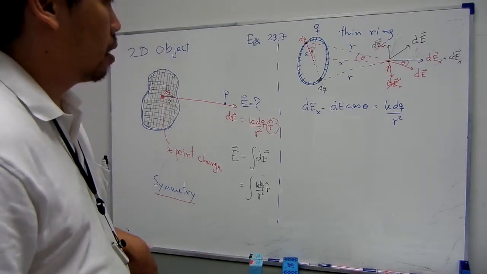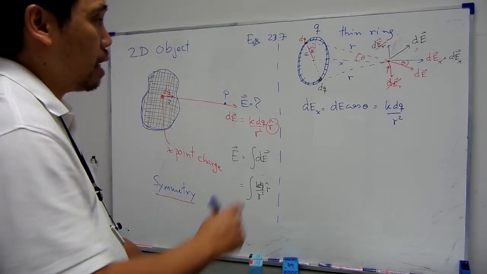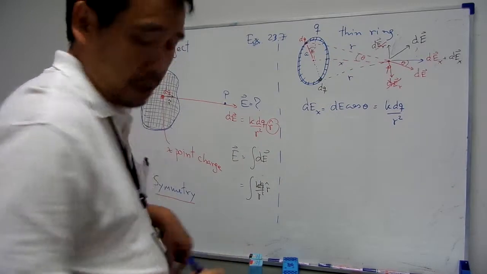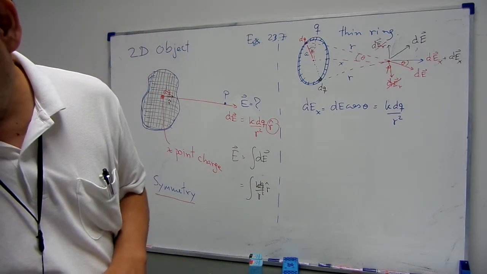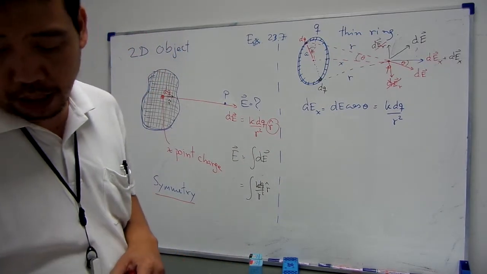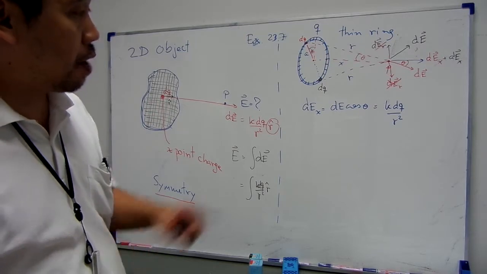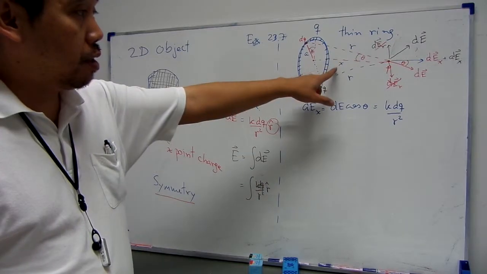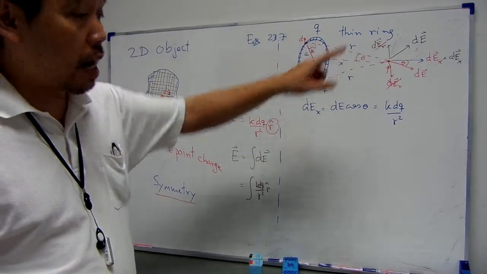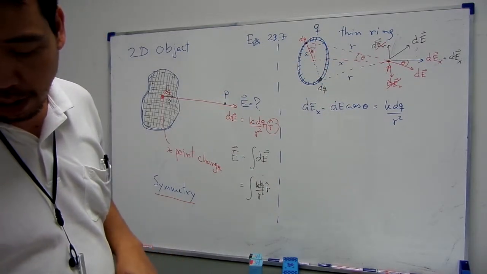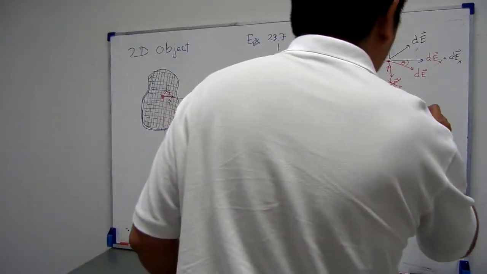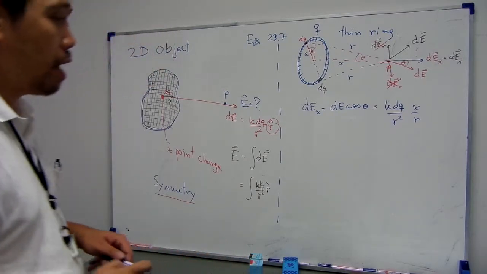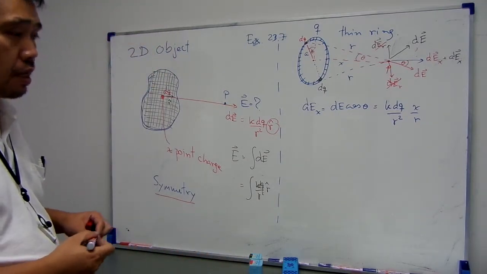From this figure, you can see that cos theta is a ratio of x over r. Okay, that is the cos theta, it's x over r. So we have the expression for dE_x.